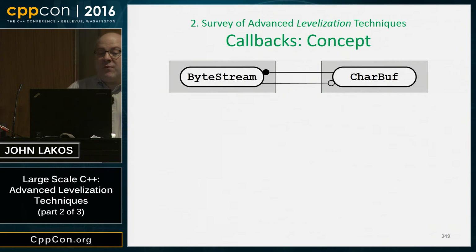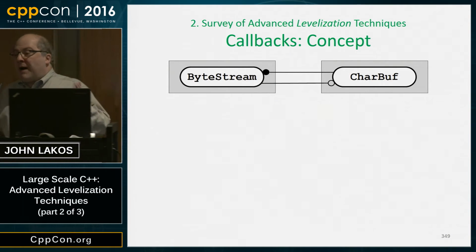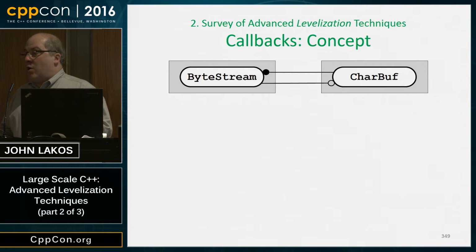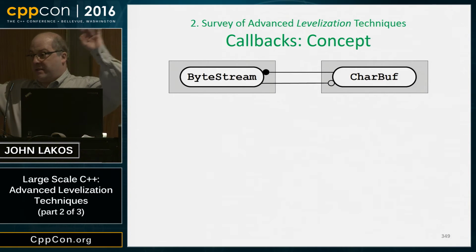Unfortunately, the byte stream needs a char buff to hold the bytes. But the char buff needs to be streamed out by the byte stream. What's up with that? This is actually the case where I got in trouble because I had a low-level string that didn't do much, and then I had a high-level string that did everything.